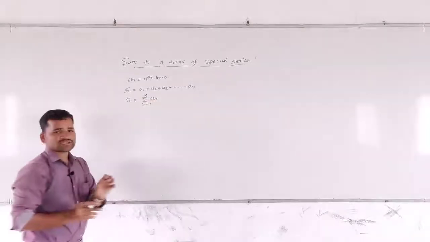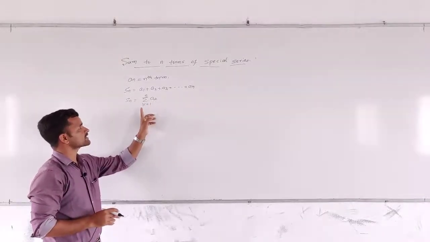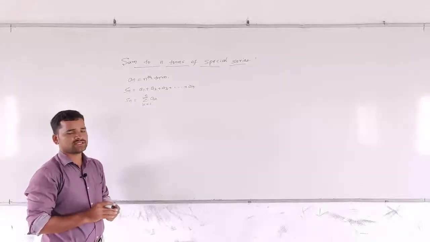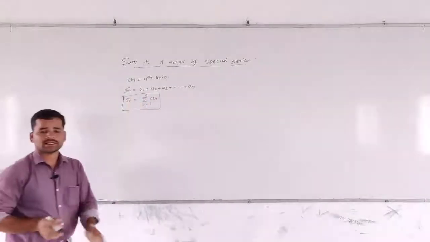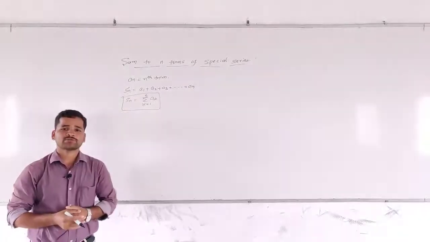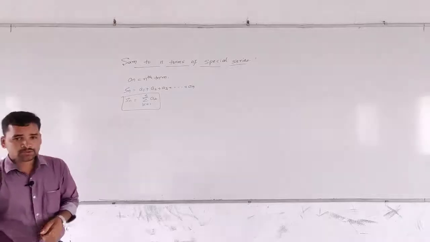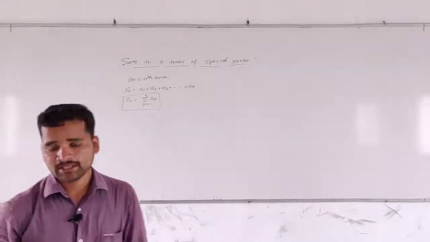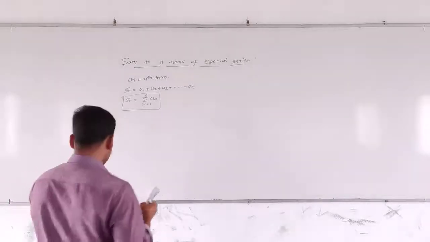If you want the sum of the first 20 terms, this can be taken as summation of ak, where k varies from 1 to 20. We will be using this while solving problems on special series. I hope all of you know those three formulae which you derived in the previous session. Now let me take the problems on this.